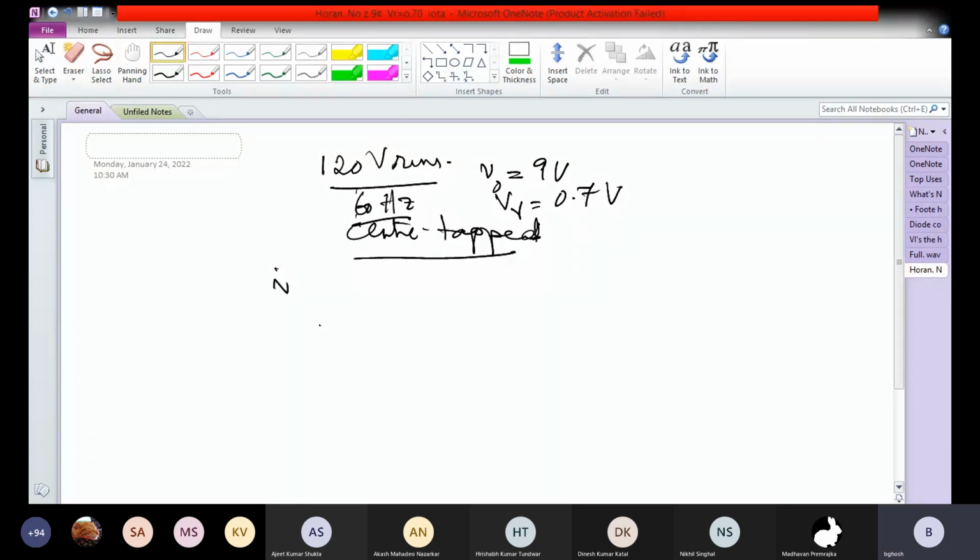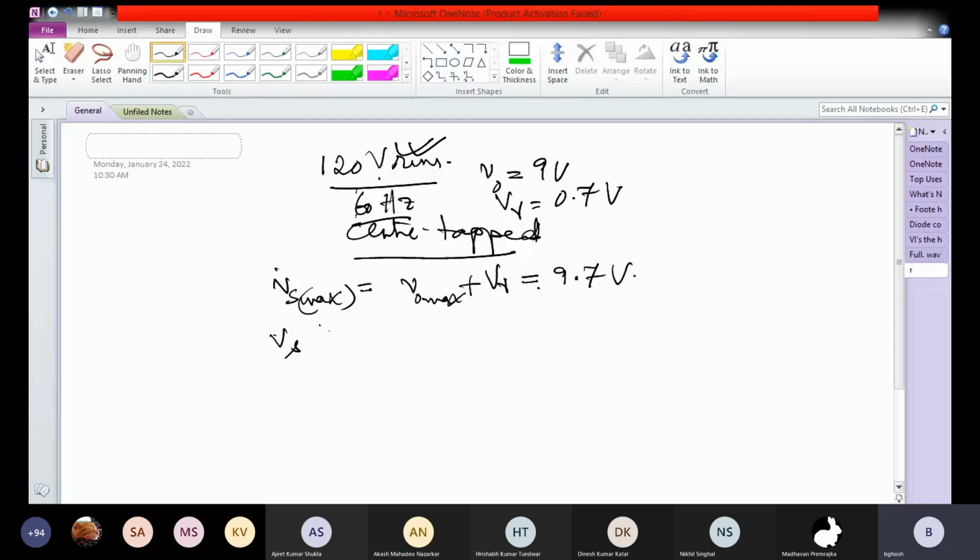So we see the Vs max, the maximum voltage, is V0 max plus V gamma, because V0 is Vs minus V gamma, so that is 9.7 volt. And the RMS value will be, because this is 120 volt RMS and this is in peak voltage, we have to convert this to RMS in order to find the turns ratio.